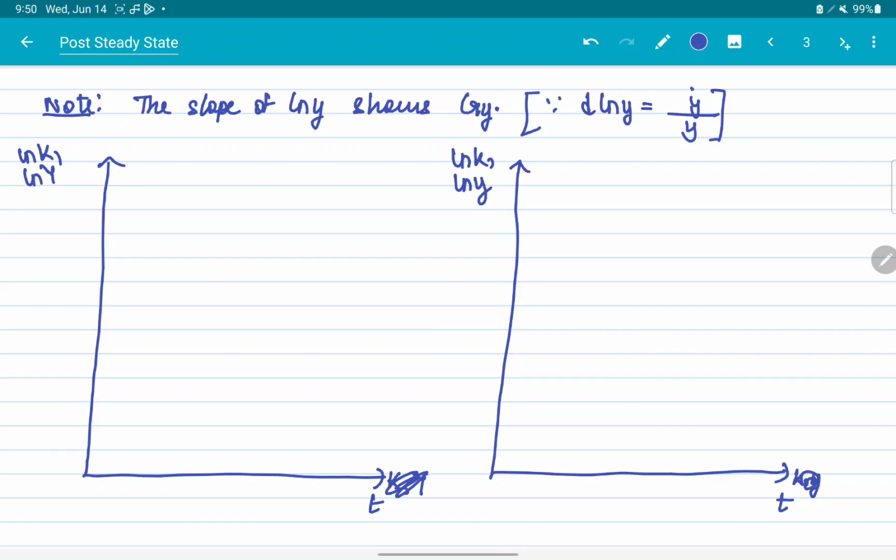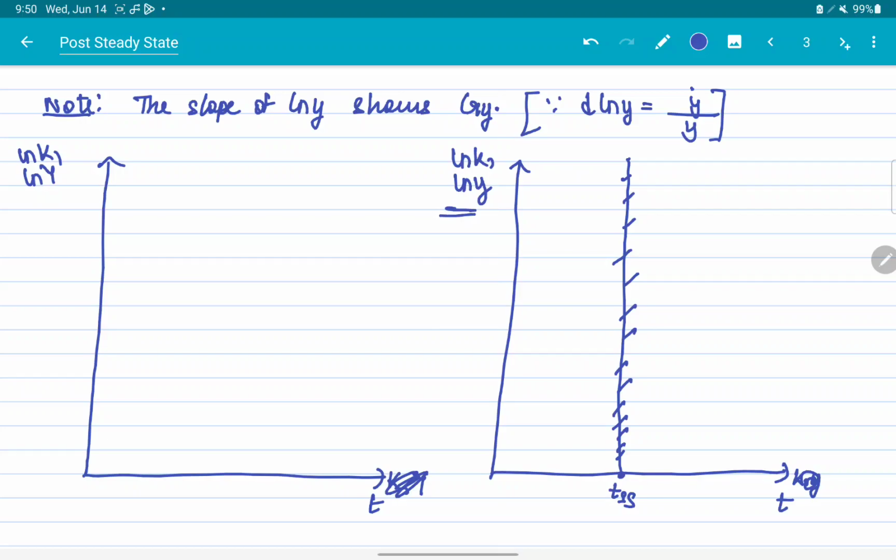Okay, let's say you reach steady state at TSS. What happens before this is going to be covered in a separate video, and this line is not important in and of itself. Once you have reached this, what are these variables going to look like?